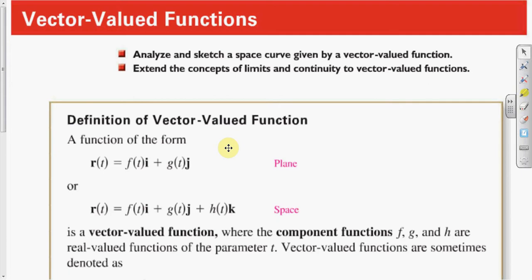Whatever you did to a function back in Calculus 1 for some function f, if this is a position vector r, you do that same thing to f, to g, and also to h. So all the rules and principles for Calculus 1 apply here. Obviously, hence the name Calculus 3.